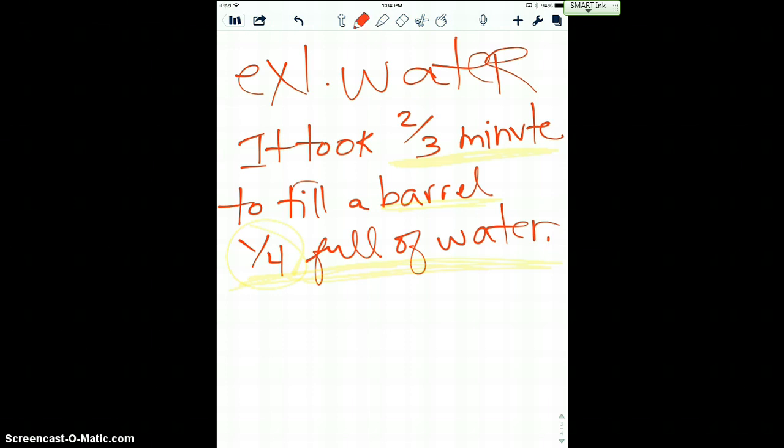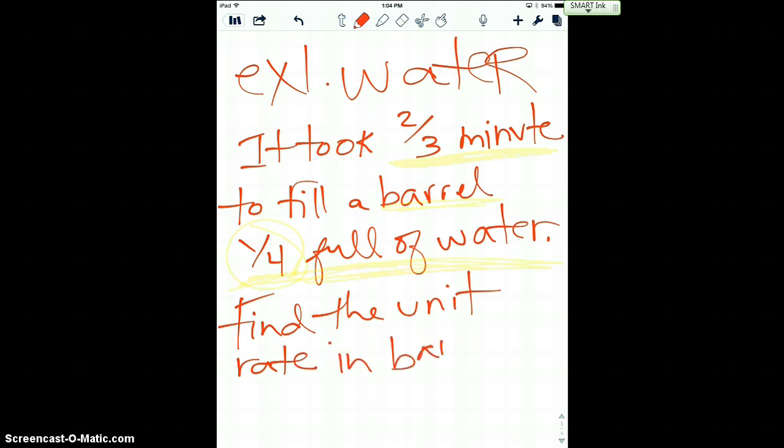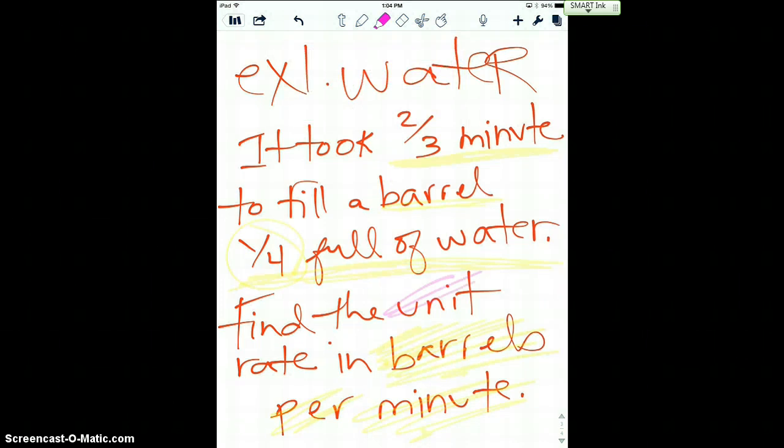All right, so what we're trying to do is find the unit rate in barrels per minute. The important thing to notice here is that it told me a ratio, barrels per minute. And also to notice that it's asking for the unit rate. So when I write out my ratio, I want to write it as barrels to minutes.